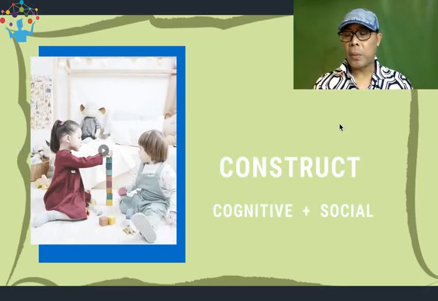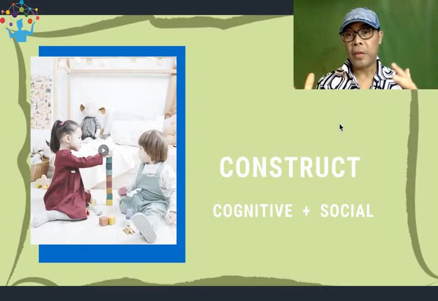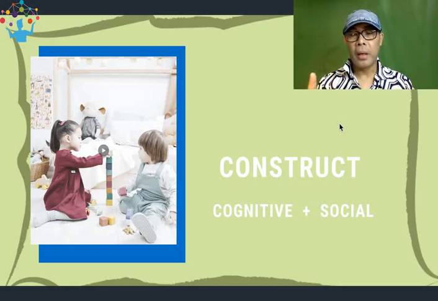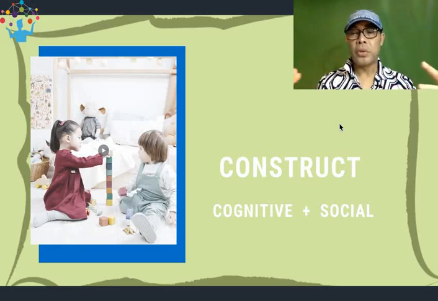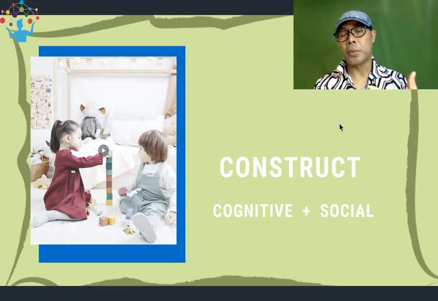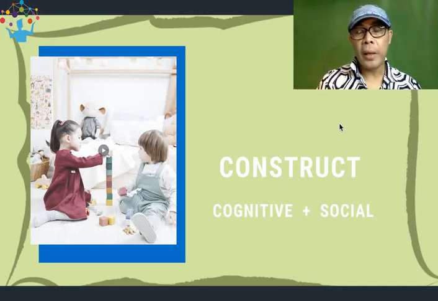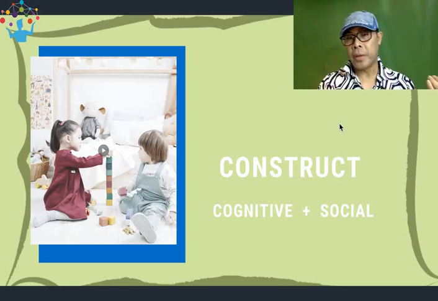The constructivist theory of learning is very much similar to the cognitive theory of learning. It's almost the same. The only difference is that the constructivist theory of learning combines cognition and the social processes, putting together the cognitive processes and the social processes. You have to remember also that when we are studying theory, a theory is basically a reaction, a development from the previous theory.